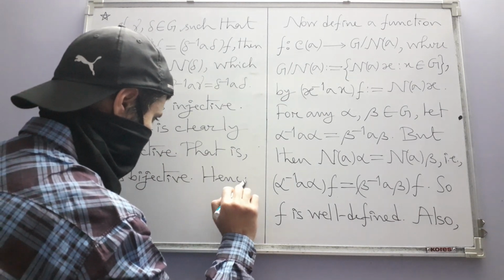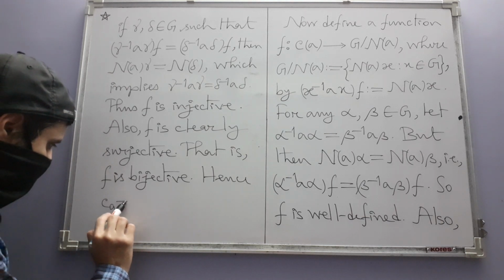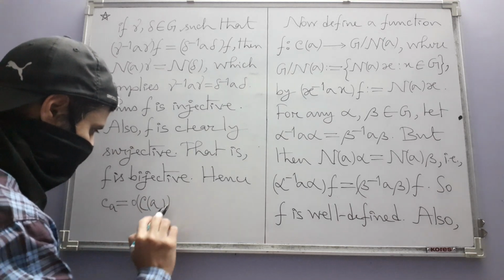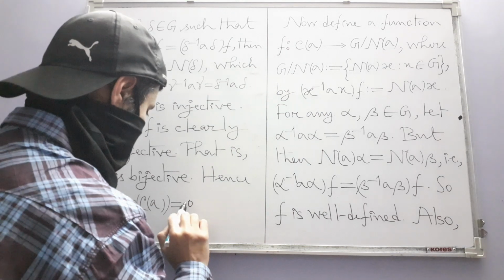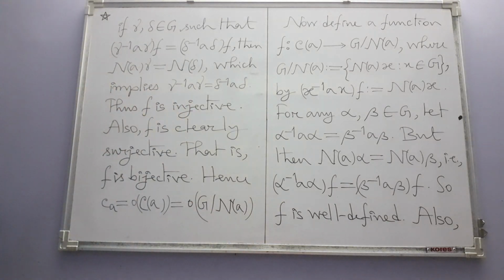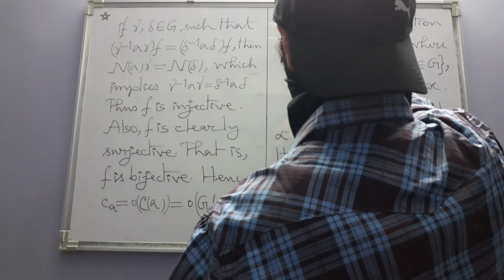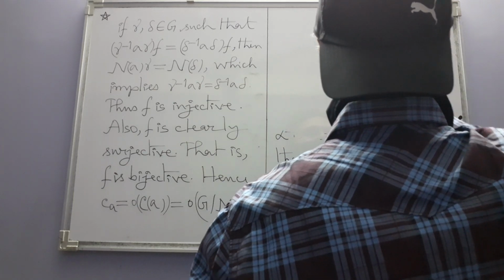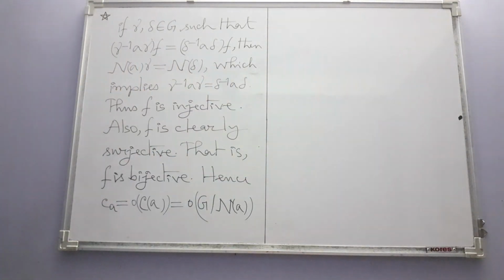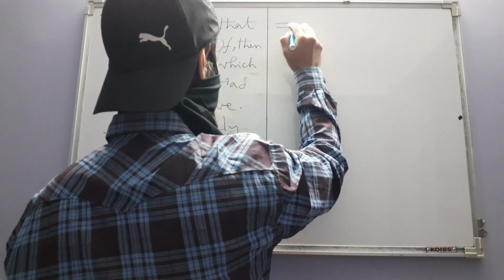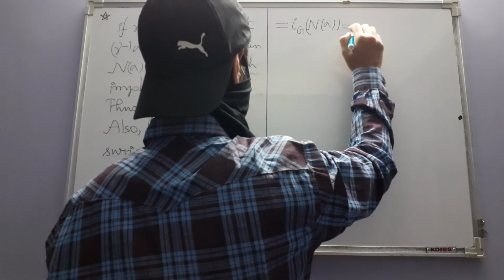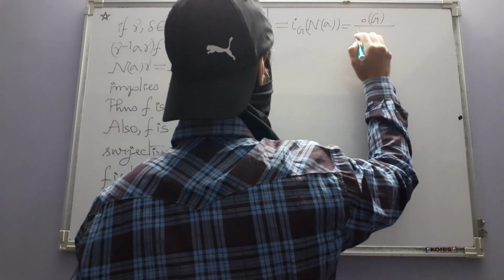Hence, CA, which is the number of elements in the conjugate class, or the order of the conjugate class, is equal to the order of this set, which is nothing but the index of NA in G, and that is equal to this quotient.